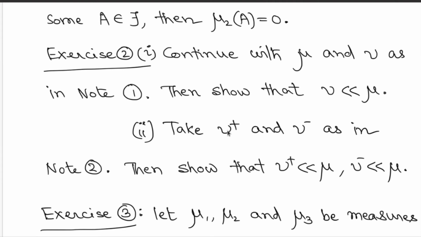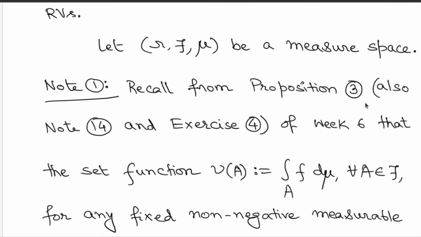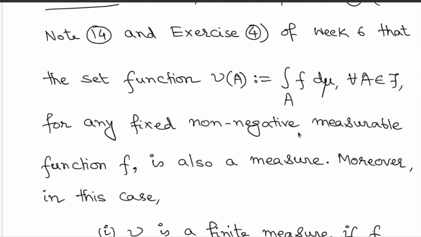To do this, there are some very simple exercises. So continue with this mu and nu as in note 1 earlier. So what are this mu and nu? Let's go back to note 1. In note 1, we looked at this proposition from week 6, which said that for non-negative measurable functions, if you integrate them against these various sets, you get a measure, right?